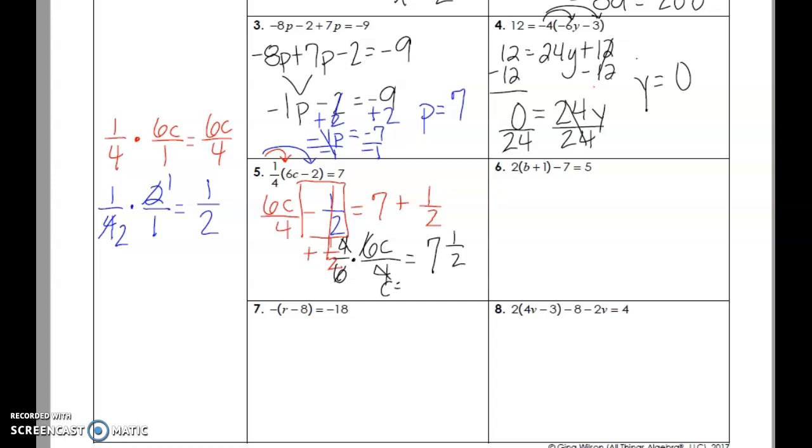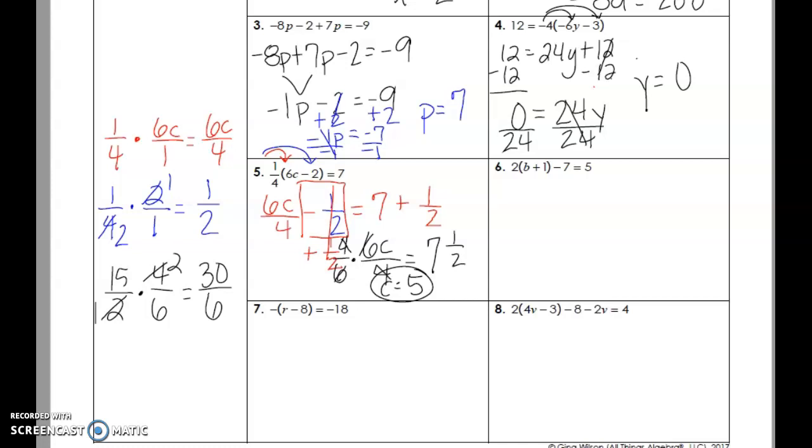Now I'm going to multiply 7 and 1/2, which is 15/2 as an improper fraction, times the reciprocal of 6 over 4, which is 4 over 6. I can cross simplify, and I multiply straight across. 15 times 2 is 30, 1 times 6 is 6. 30 divided by 6 equals 5, so c equals 5.